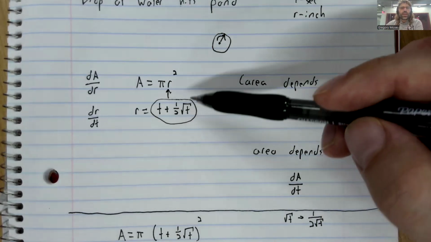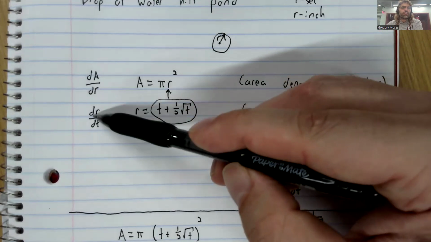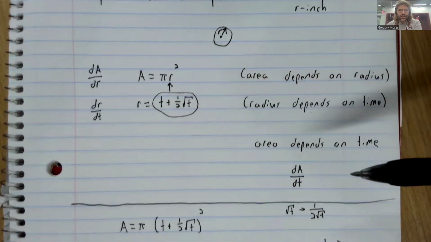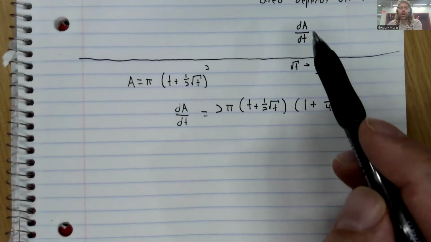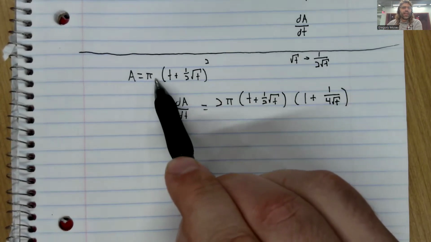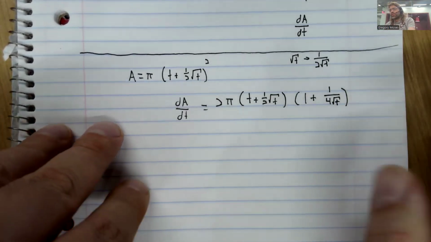Neither of those equations, when we took their derivatives, gave us the derivative we wanted. For the derivative we wanted, dA/dt, we had to create a third equation, which certainly wasn't the end of the world.